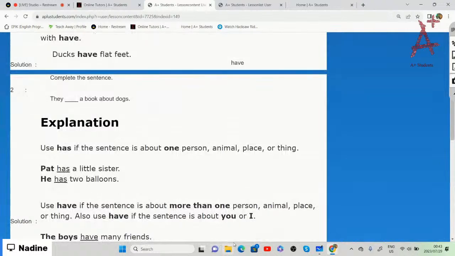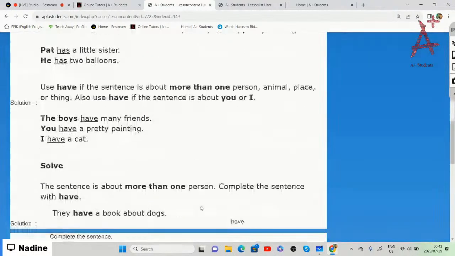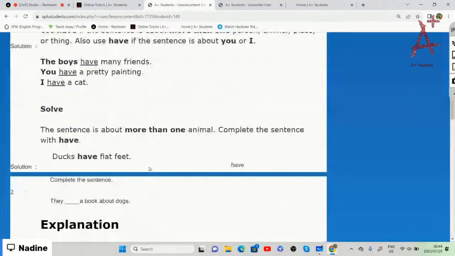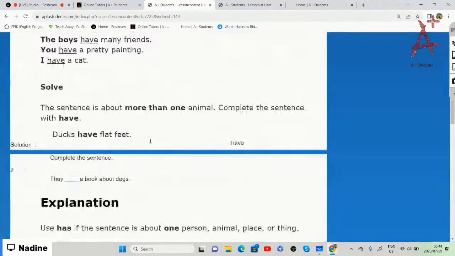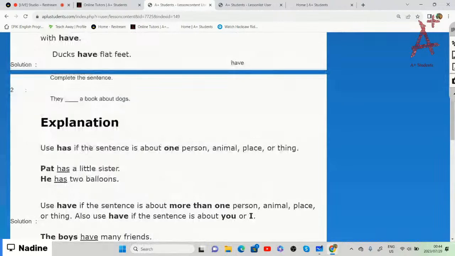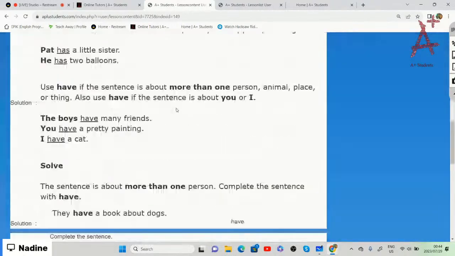We can say it is have. They have a book about dogs. In this case, the sentence is about more than one person, so we need to complete the sentence with have.